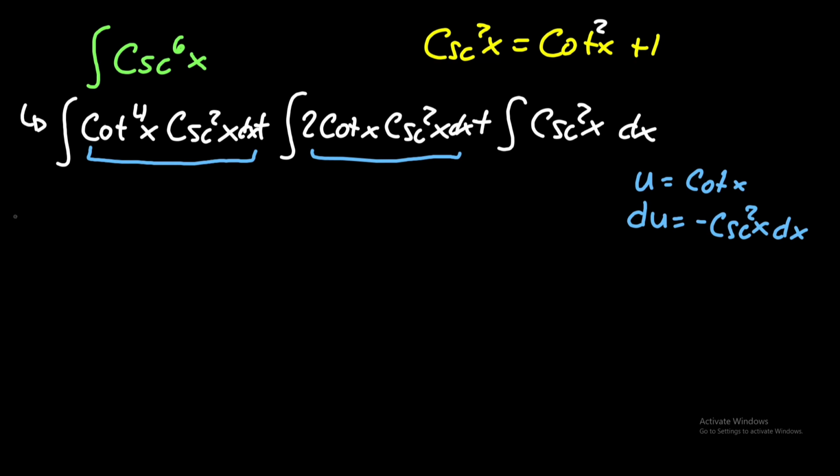So for this first integral, cotangent of x is u raised to the power of 4 multiplied by cosecant squared of x dx, which would be negative du, plus the integral of this second one, which would be 2 cotangent of x, which is simply u.